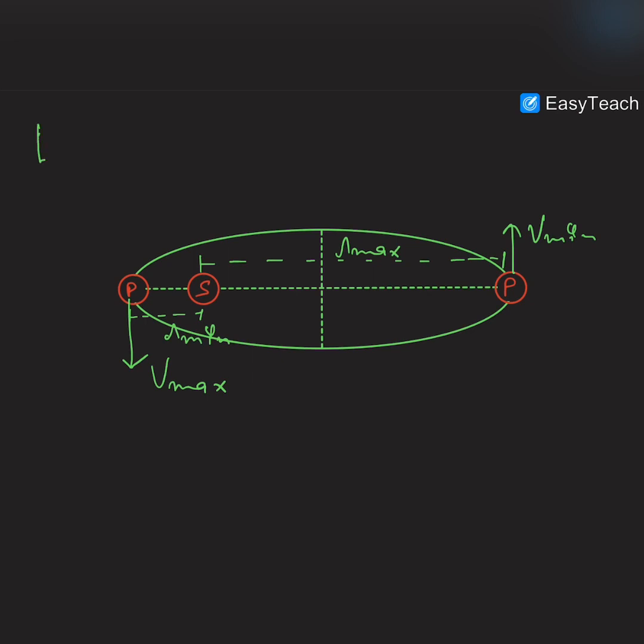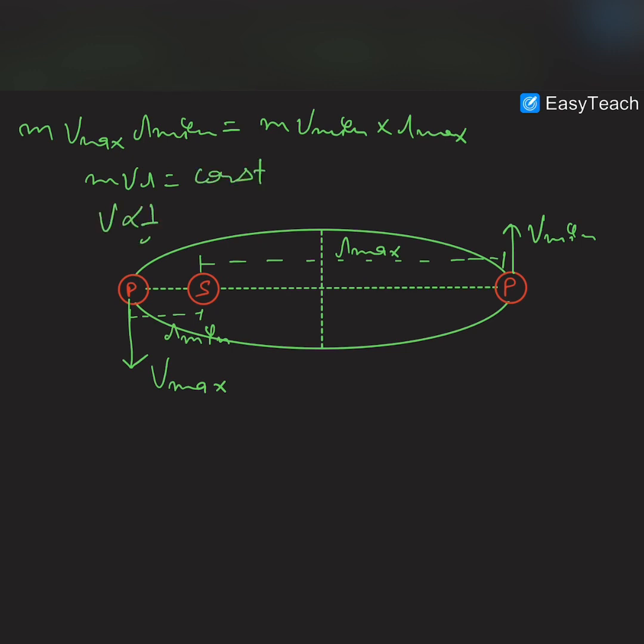So the angular momentum is constant, and therefore m v max into r minimum will be equal to m v minimum into r maximum. Due to the fact that mvr is constant, v is inversely proportional to r, which means that when r is minimum, the speed of the planet would be maximum.